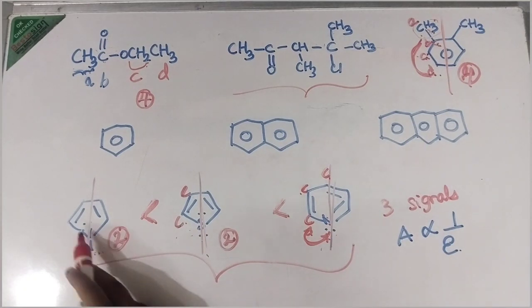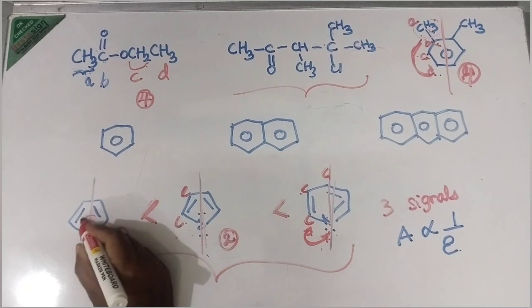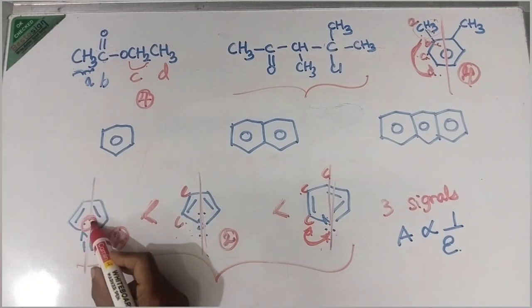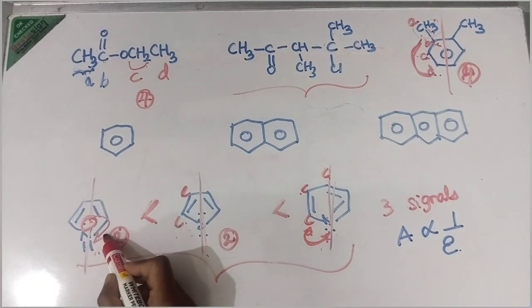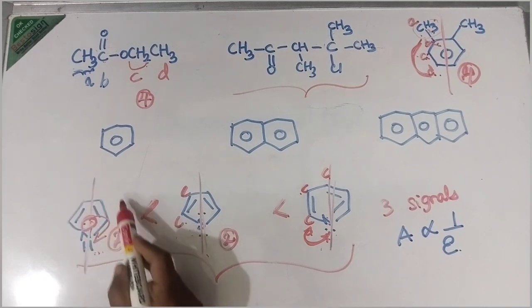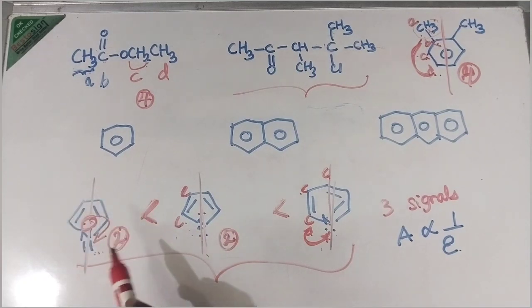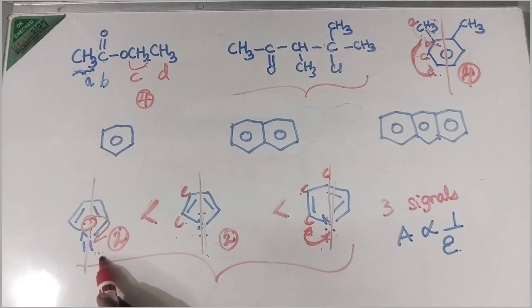Why? Because if it is more electronegative in nature, it will try to pull the lone pair of electrons towards itself. This lone pair of electrons will not be involved in conjugation. If it doesn't involve in conjugation, definitely it will be least aromatic, right? Comparatively, sulfur is less electronegative.